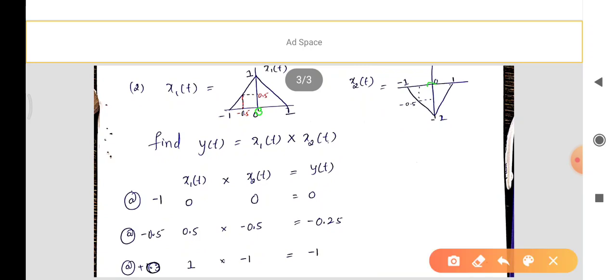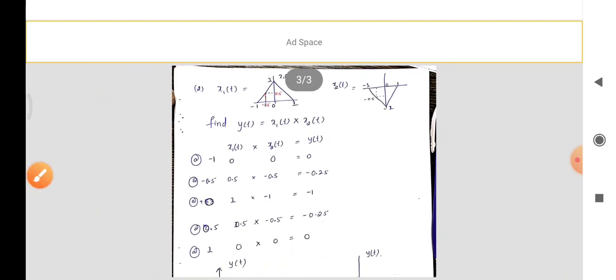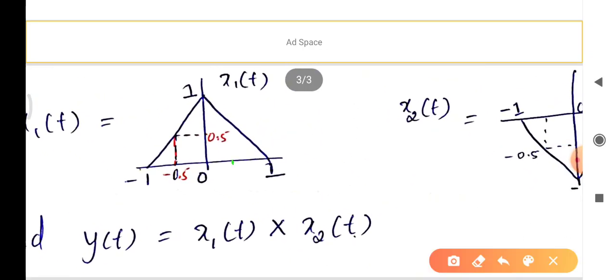Then next you observe at 0. At 0, the first signal value is +1, the second signal is -1. So 1 into -1 is -1. Now you can take the positive side. At positive 0.5, its value is plus 0.5, magnitude is 0.5.